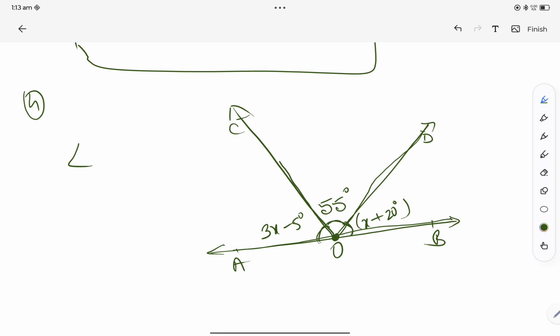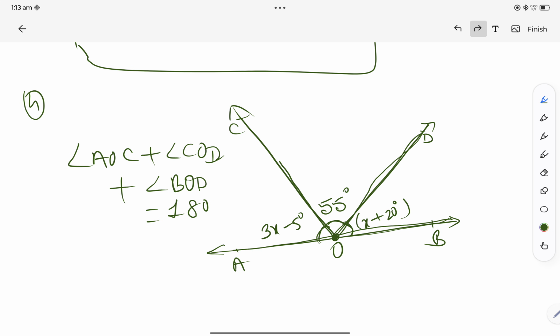So angle AOC, that is this angle, and angle COD, this angle, plus this angle, that is BOD, the sum is 180 degrees.